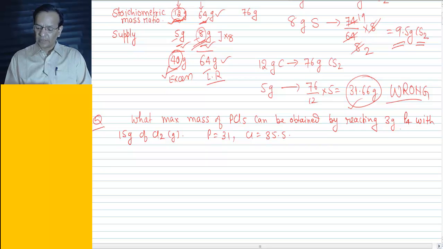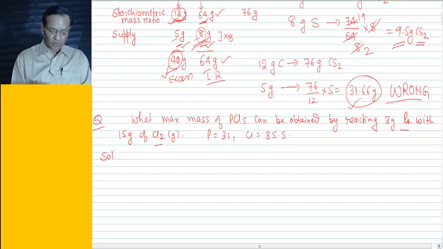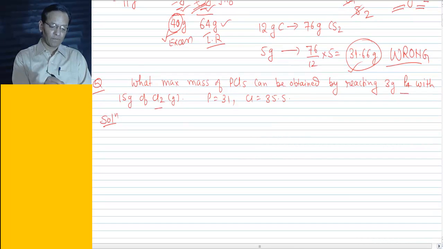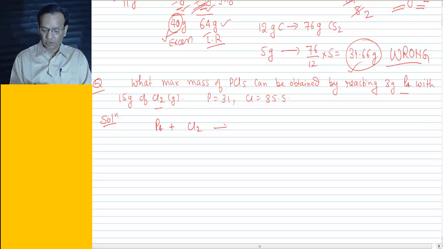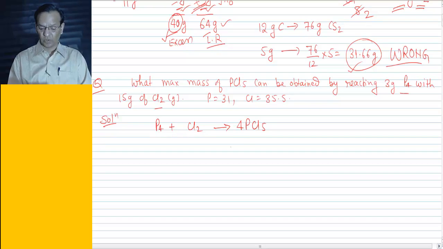So we have been given the reactants phosphorus and chlorine. So first of all, we will write the balanced reaction. White phosphorus reacts with chlorine to give PCl5. So make it 4 phosphorus, so 4 times 5 is 20 chlorine, so 10 Cl2.